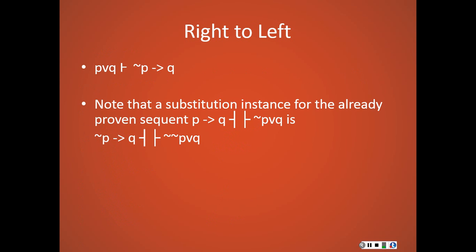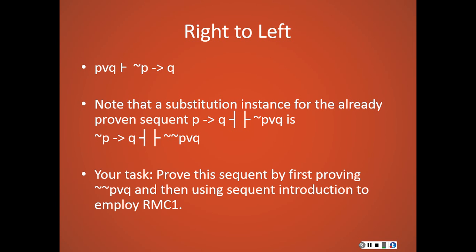Okay, let's go ahead and look at the right to left direction. Note again that a substitution instance of the already proven sequent if P then Q double turnstile not P or Q is if not P then Q double turnstile not P or Q. Again, we get that by uniformly replacing P in the original sequent with not P throughout.